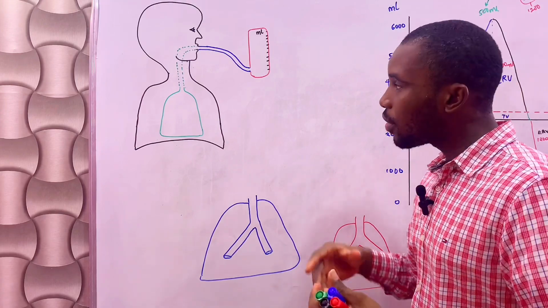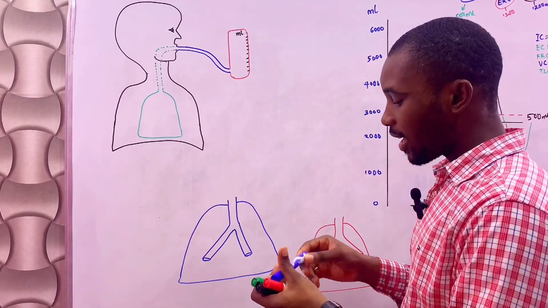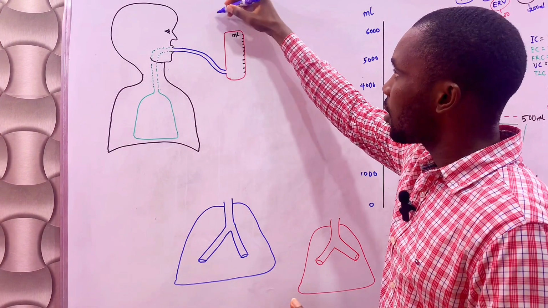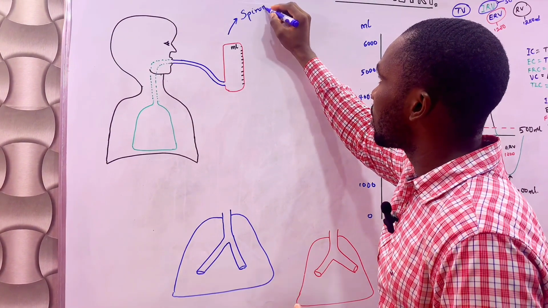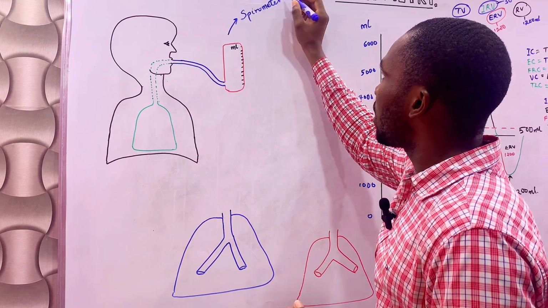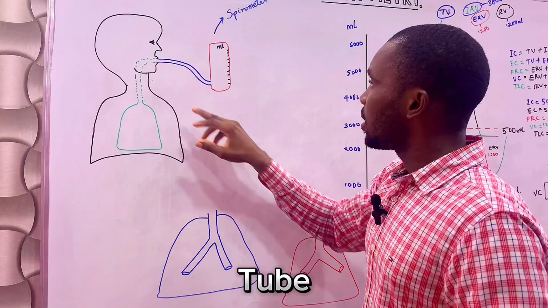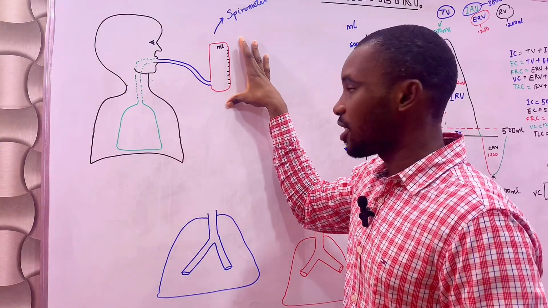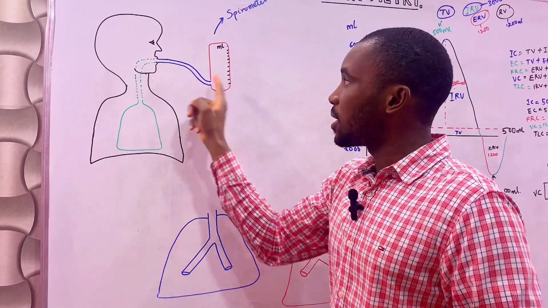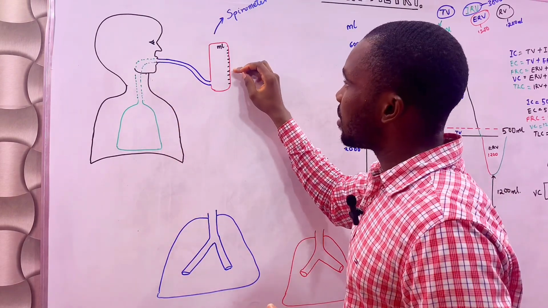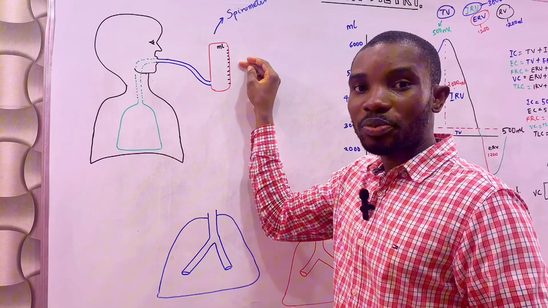So in order to measure these volumes, we use an instrument. This is the instrument over here called a spirometer. This is the tube and this is the device itself, right? The patient puts the tube in the mouth and then breathes in and breathes out. They use these calibrations to measure the volume of air.